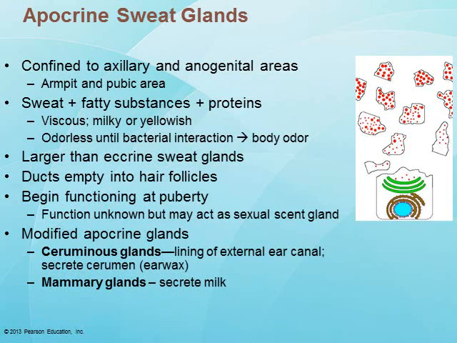So those glands become active together with your hair growing in those areas, which is during puberty. Okay, so so far we still don't know exactly what those sweat glands are for, but we believe that the fatty substance or protein there may serve as a scent for sexual attraction.